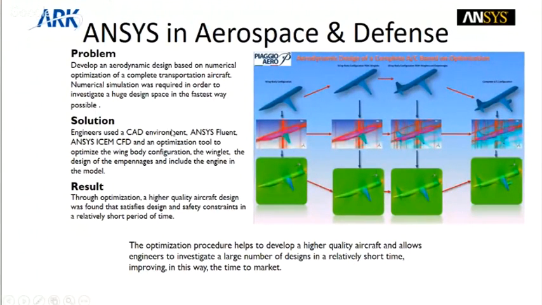So I had a CAD model with me. Then I did it in ANSYS Fluent and ANSYS ICEM CFD. In that, I analyzed my structure and the fluid flow, that is the air flow, onto my structure. You can see the first body is just a wing body configuration of an aircraft where you can't see any winglet on it.